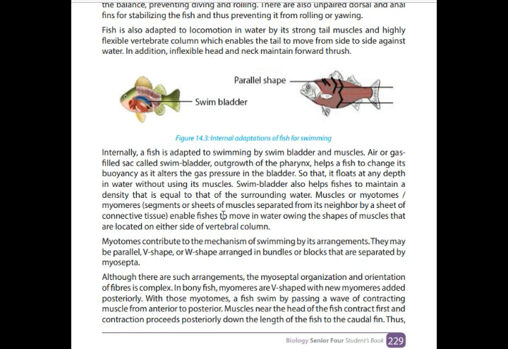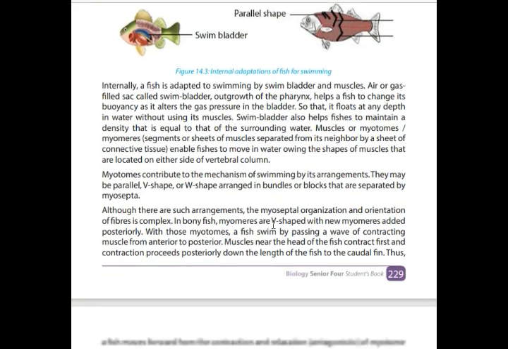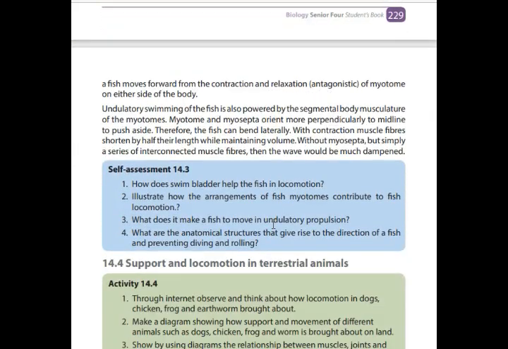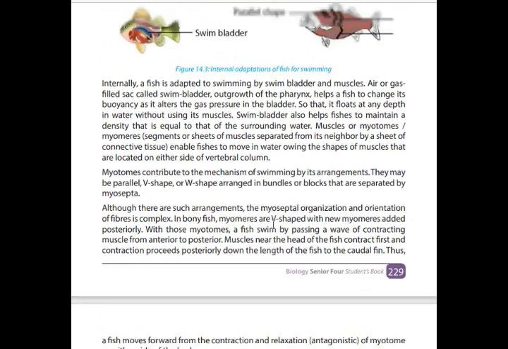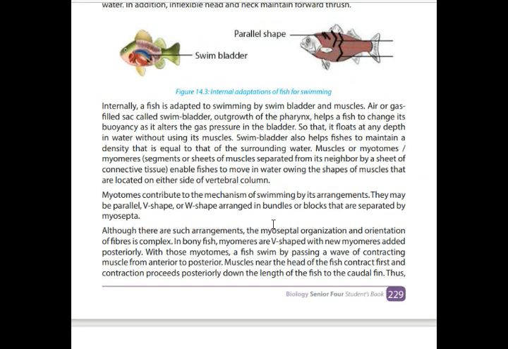The muscles near the head of the fish contract first, and the contraction proceeds posteriorly down the length of the fish to the caudal fins.